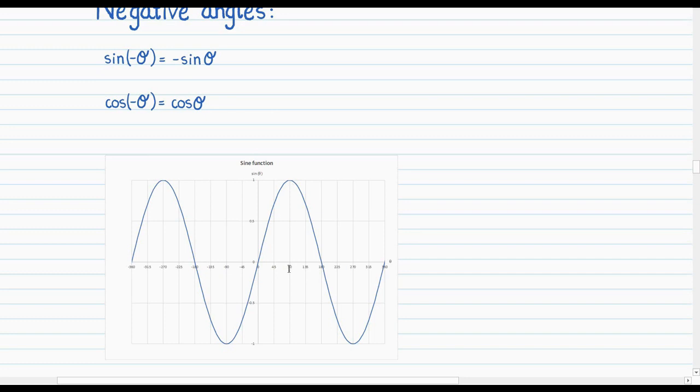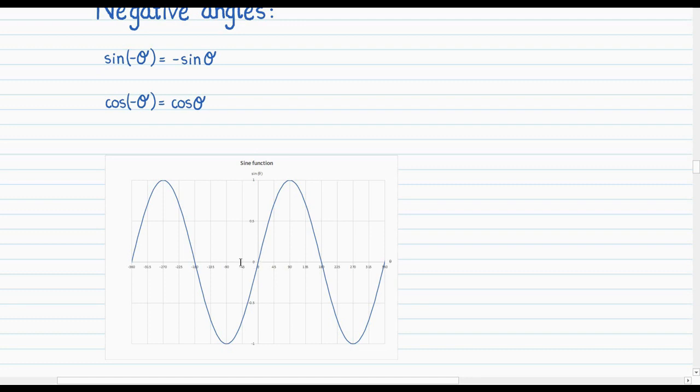So if you take theta as 90 degrees, then sine of negative theta, meaning sine of negative 90, has the exact same value as negative sine of 90. And then we can try another value, let's say 45 degrees.